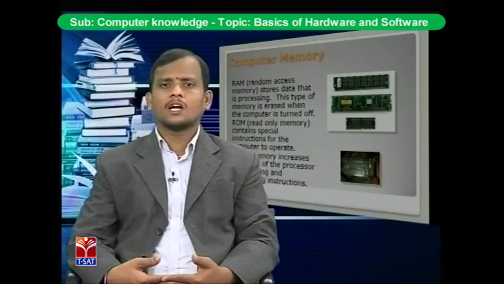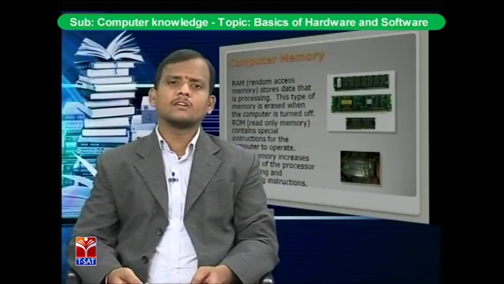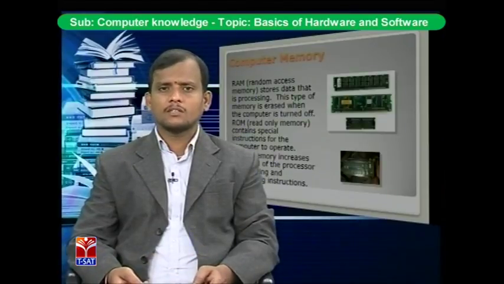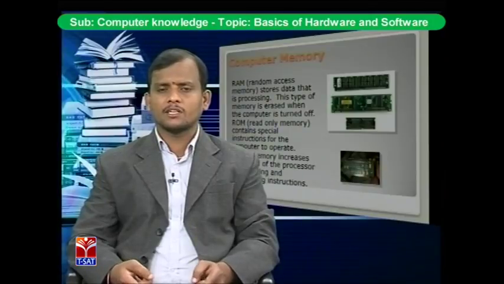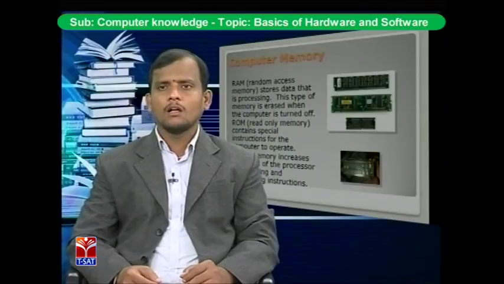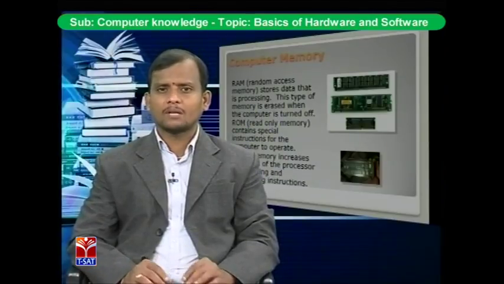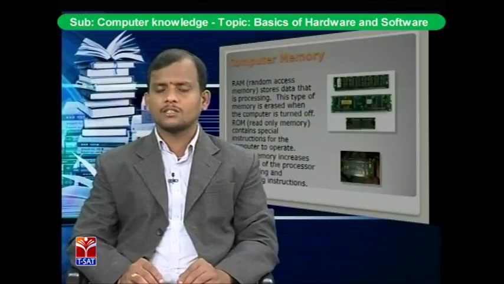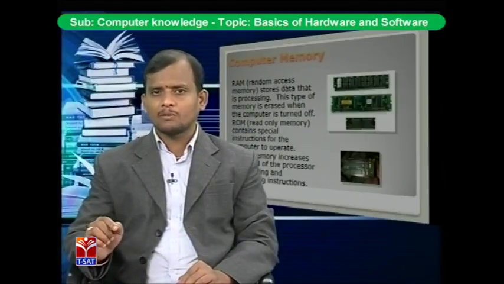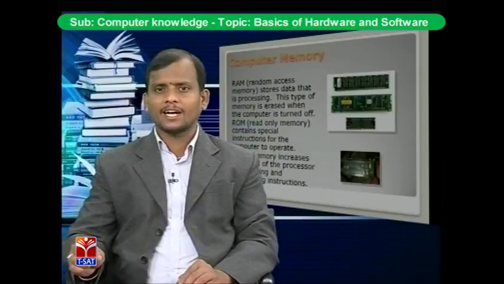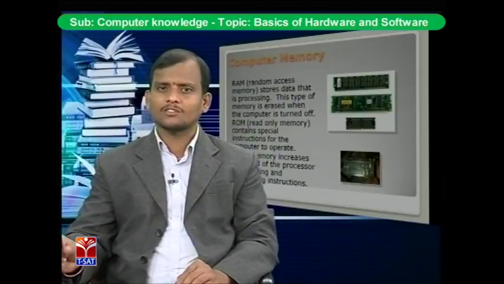And one point is, each and every device has some memory. Suppose you type something using the keyboard. When you press A, that A command will be stored in some memory. That is also cache memory.